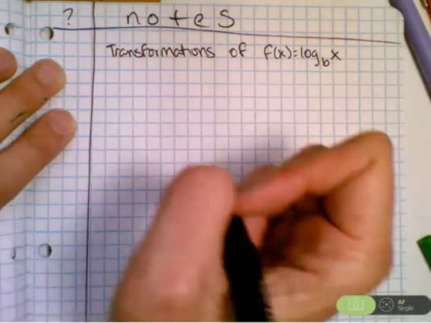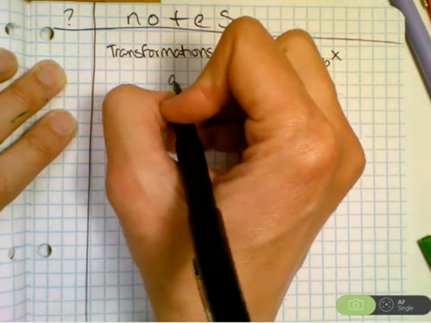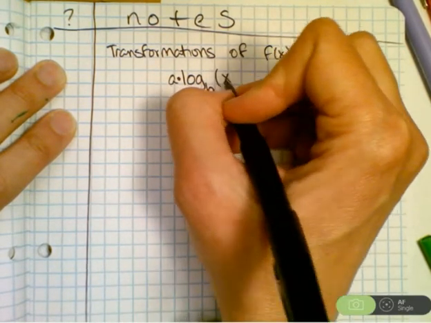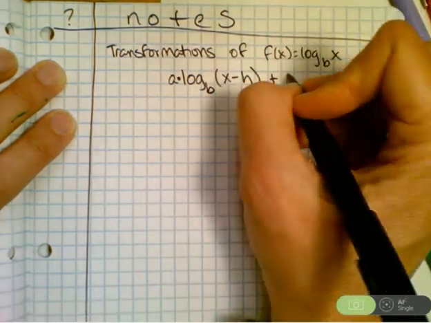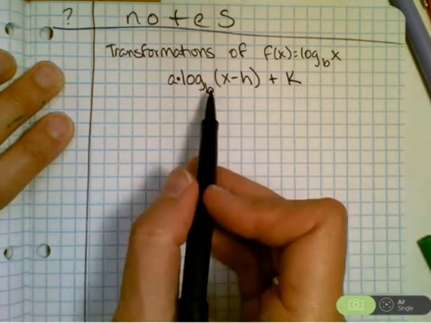And just like before, our transformations are going to be a times log base b of x minus h plus k. Really important here that the k is on the outside of the parentheses.